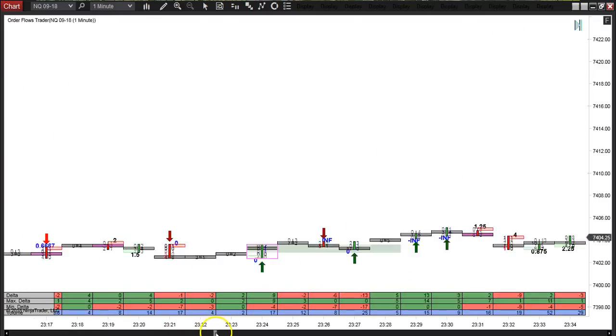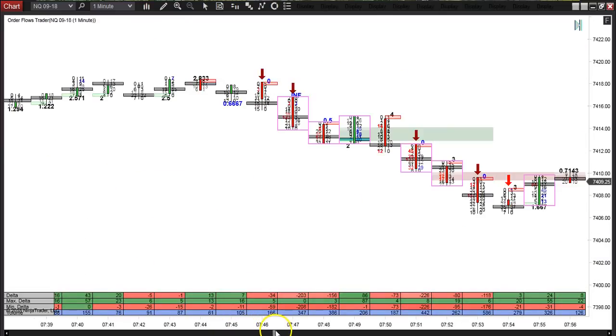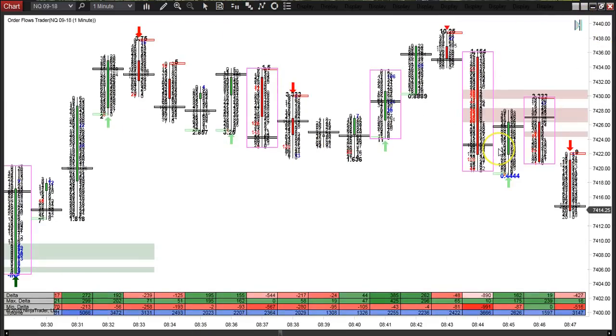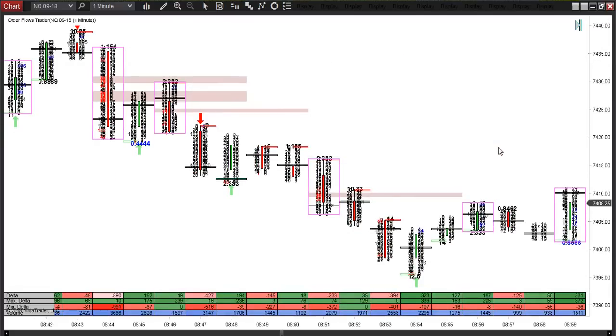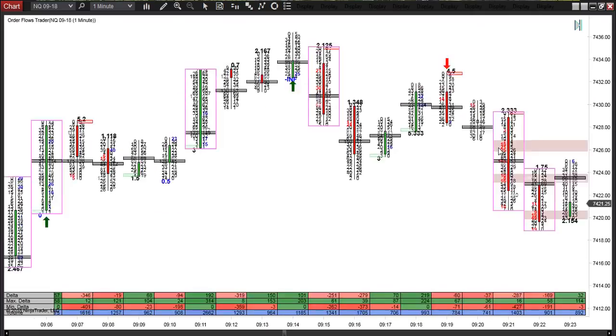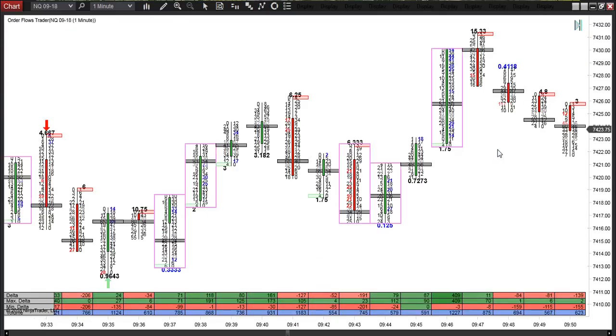I mean, can you do this analysis yourself? Yeah, probably, if you know what to look for. But I'll be honest, most people don't know what to look for when they're looking at order flow. And there's a lot of, quote, order flow tools out there. And honestly, a lot of them are very, very confusing. I look at them and they confuse the heck out of me, and I understand order flow pretty good, I like to think.